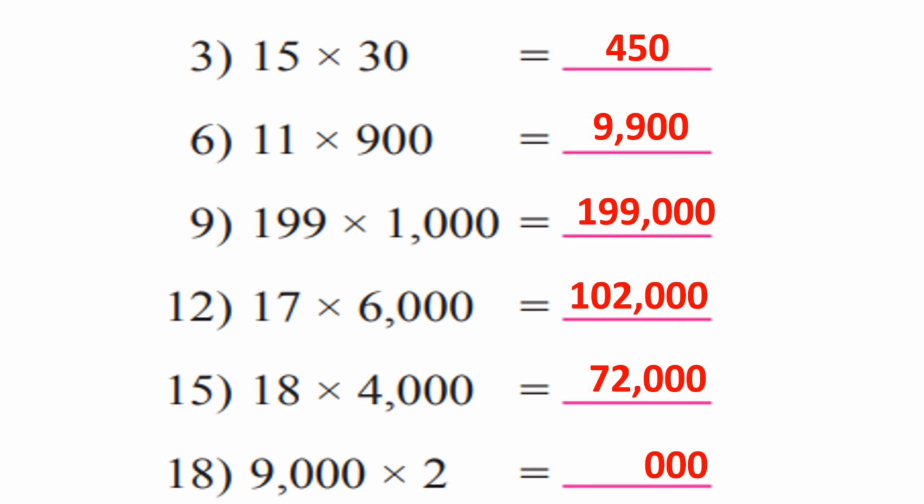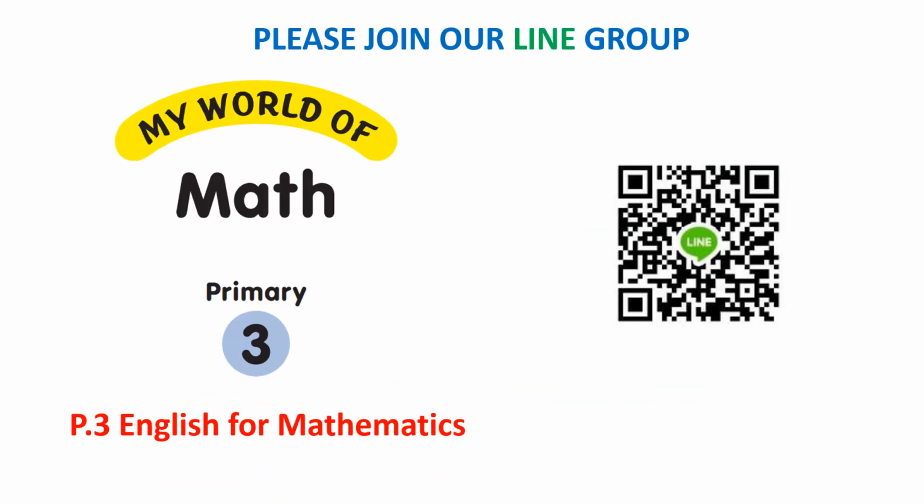Then 9 times 2 is 18. Your answer is 18,000. Correct, students?